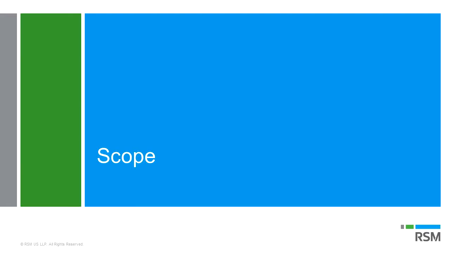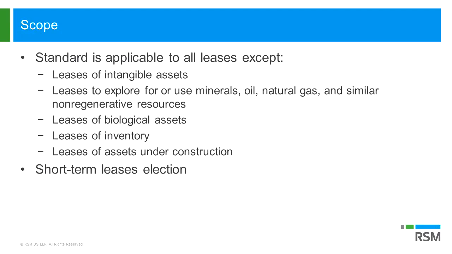Moving on to give a little additional context as far as the scope of the standard. It's applicable to most leases except for those listed below: intangible assets, exploration and use of oil, natural gas. Short-term lease exemption for those leases that are less than 12 months in duration and that do not include an option to purchase.